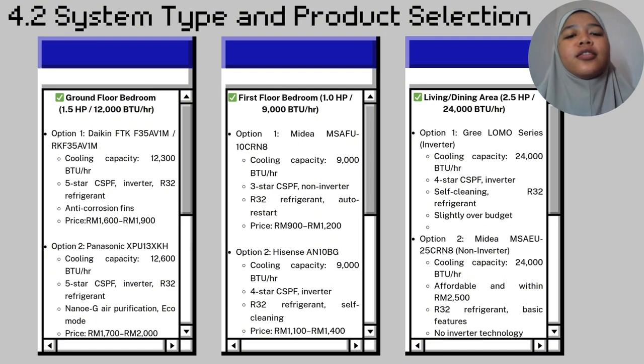The Hisense model is an inverter type with better energy efficiency and a self-cleaning feature. Although it is slightly more expensive than Media, we recommend the Hisense unit for the better long-term performance.